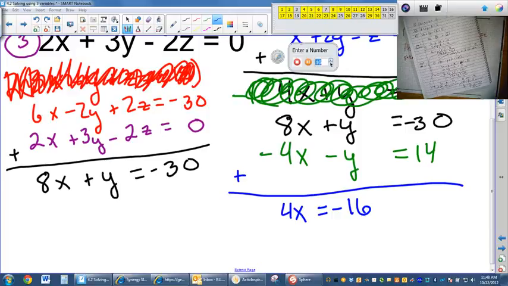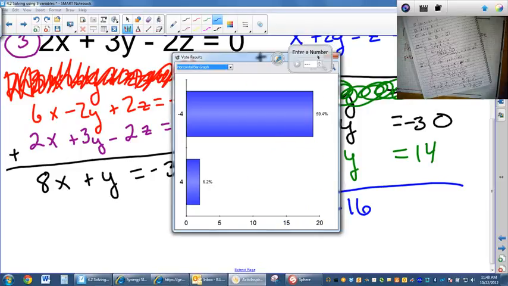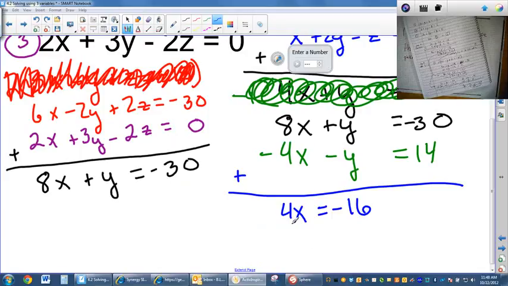If you haven't clicked in, you have about 8 seconds. It's 3 people. We divide both sides by 4. The majority of you were correct. We do get negative 4. So now I have x equals negative 4.